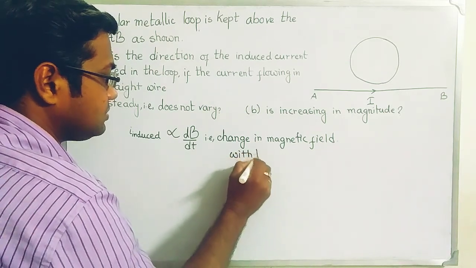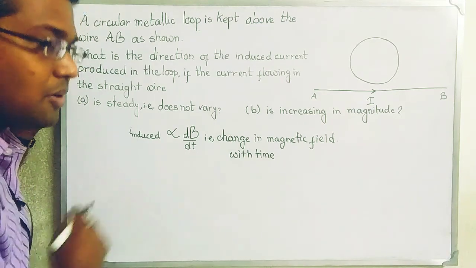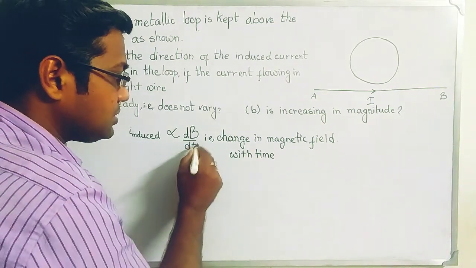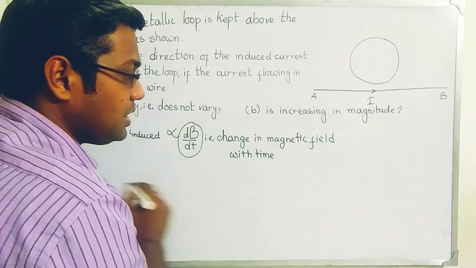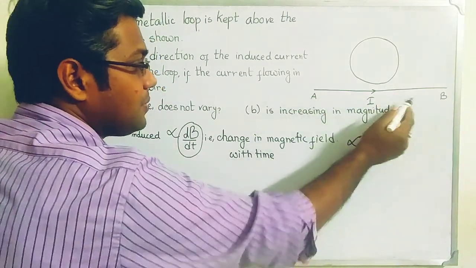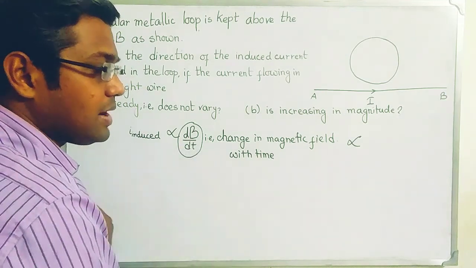Now we have to understand why the magnetic field will change. What is the cause behind the change in magnetic field? The cause, that is dB/dt, depends on the current flowing through it. Here AB is the wire, which is the source of the magnetic field.